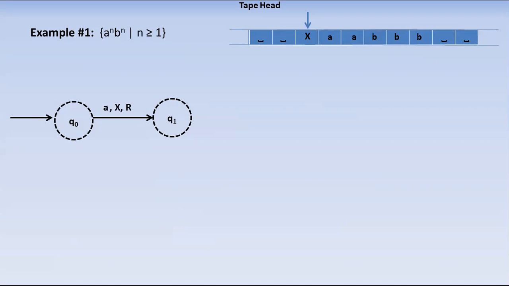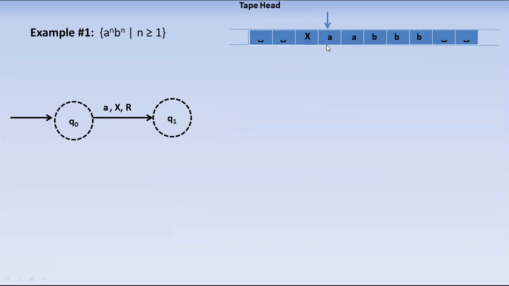So when we move right, then our header will move here. So the meaning is, if on Q0 we get an input A, then we rewrite it with X, and after rewriting we move towards the right and come to state Q1. So now our header is at this particular A.